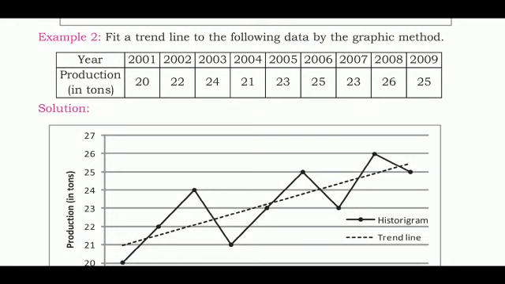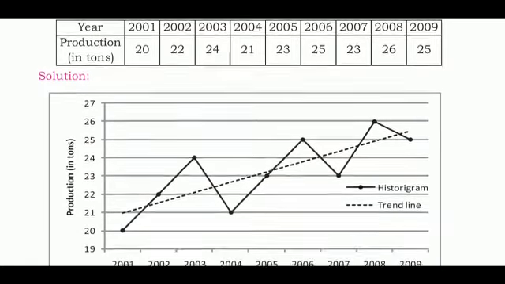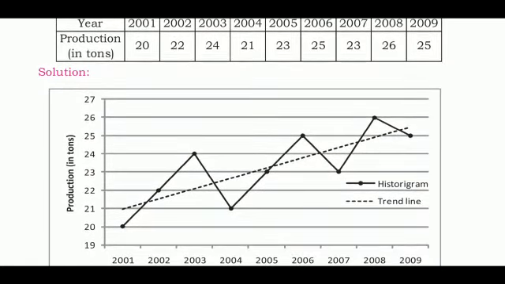So what we have done here is the same thing. On the x-axis the years are represented, and on the y-axis the production is represented. Take the scale according to your convenience. For 2001, the value is 20, marked with dark dot points here.